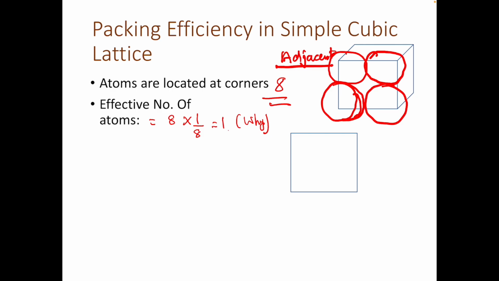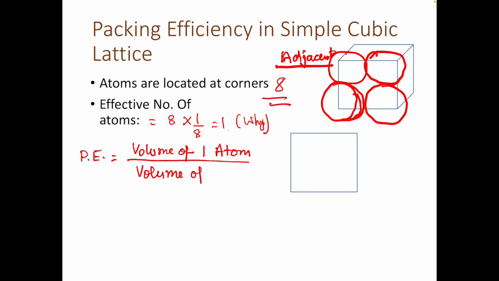So the packing efficiency of a simple cubic lattice will be volume of one atom divided by volume of unit cell, into 100.